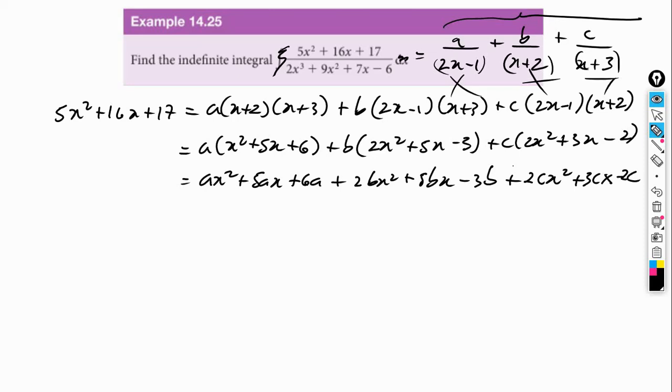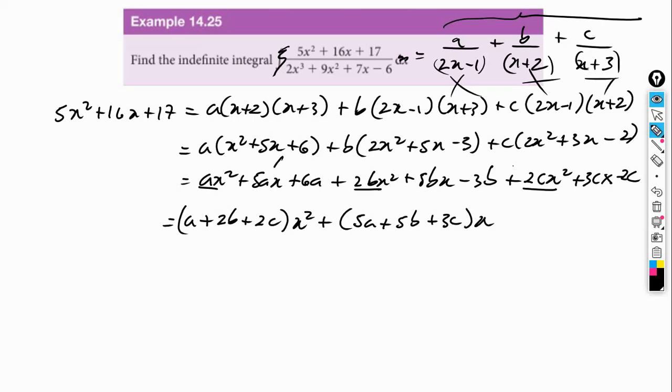Okay, and then finally, if we rearrange all this and add similar terms, notice that we would get a plus 2b plus 2c, right? I get that from here, here, and here. So I'm adding all the quadratic terms. So this times x squared plus 5a plus 5b plus 3c times x.